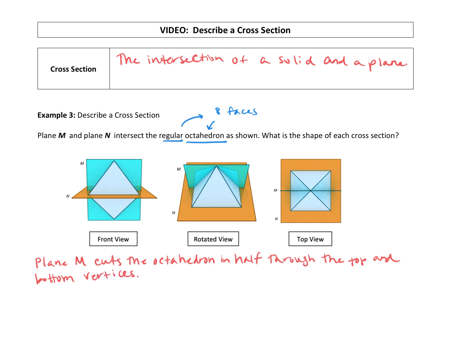So when that happens, we can see this, and it's a little off because we're not looking directly straight on, but this shape is formed. If you remember, we said that a regular octahedron is made up of 8 equilateral triangles. So these 4 sides are all congruent. So the cross section is a rhombus.